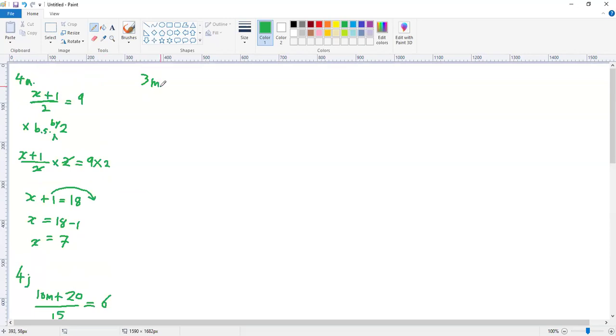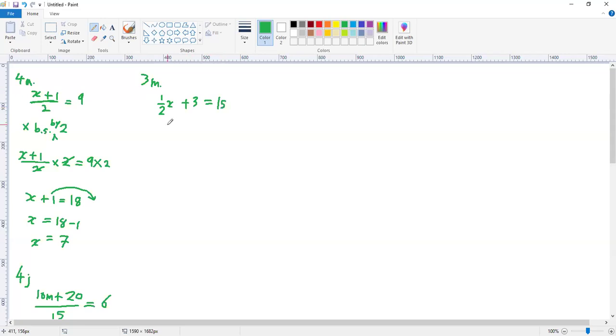I'm writing the exact letter for the question so that if you need it for reference, you know exactly where to find the question. So 3M says half x plus 3, and we're supposed to find what x is, equals 15.